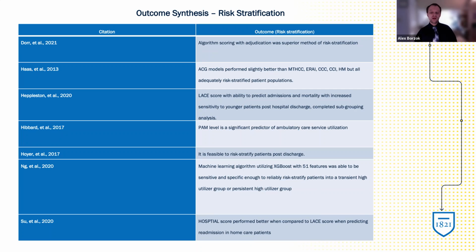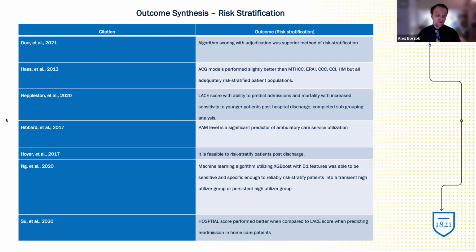The big determinant about which one you want to use is what information is readily available to you, the provider, if you're going to be the one performing risk stratification, or what information is available to the person doing your chart abstraction and doing the risk stratification at that step of the process. So what is most convenient and affordable to your practice is really the one that's going to be best for you to use in your flow.